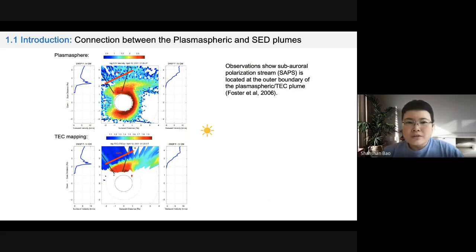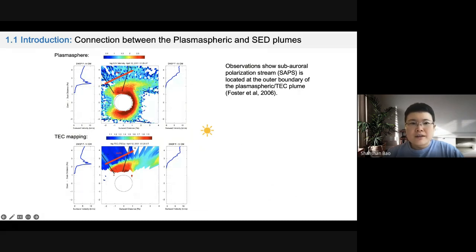So for other observations, in the Foster 2006 paper, they plotted the EUV image of the plasmasphere as well as the TEC equatorial mapping, and they also put the DMSP measurement of the ion drift velocity.